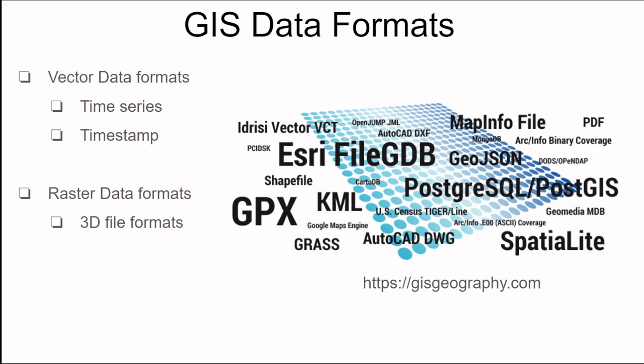Most file formats are created to store a timestamp, so you have data that represents a particular time and date, collected at a particular time and date, just like a timestamp. But there are also data types that can actually have time series. Under the raster, we also have 3D file formats.